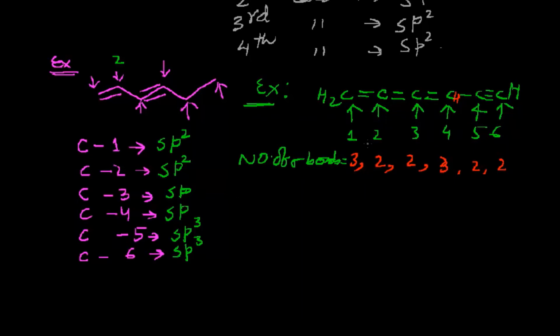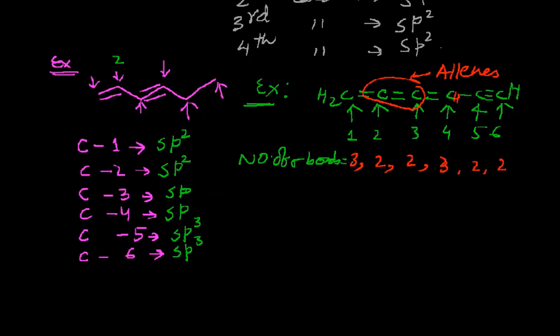So if you look at the structure of this one, this particular part is called allenes, and when it is accumulated, we call it cumulenes. So an important feature of this allene will be its structure, so that we will discuss later on.